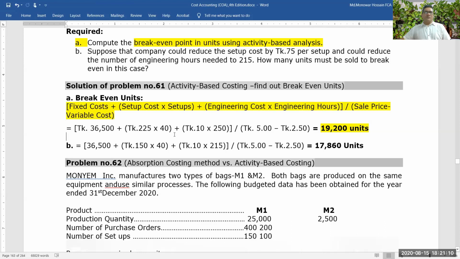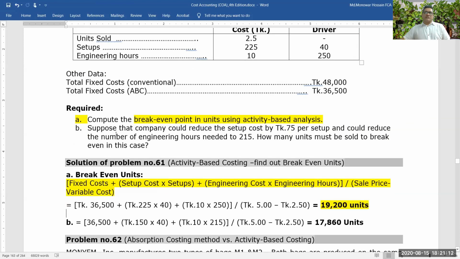Now part B. Suppose the company could reduce the setup cost by taka 75 per setup and could reduce the number of engineering hours to 115. How many units must be sold to break even in this case?